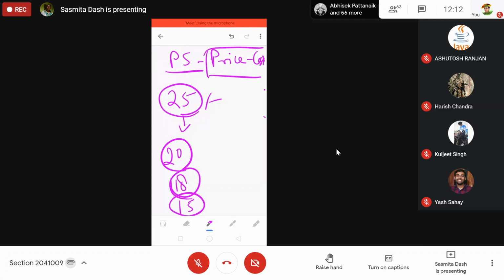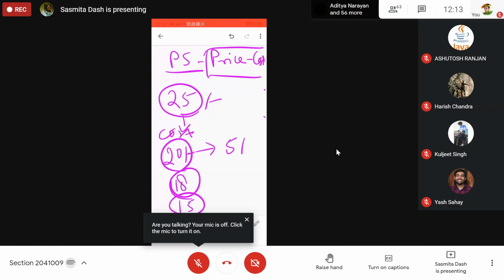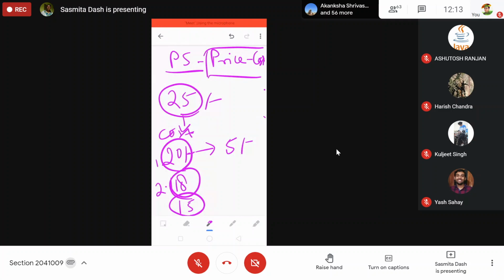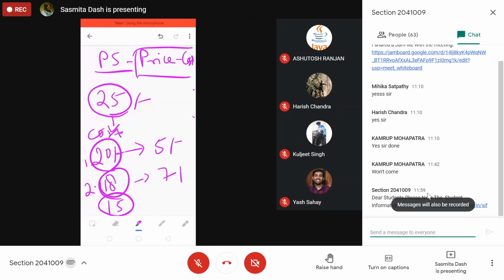So the person whose cost of production is 20 gets a producer surplus of 5 rupees. The second producer, who can produce at 18 rupees cost per unit, gets 25 minus 18, that is 7 rupees, producer surplus per unit.